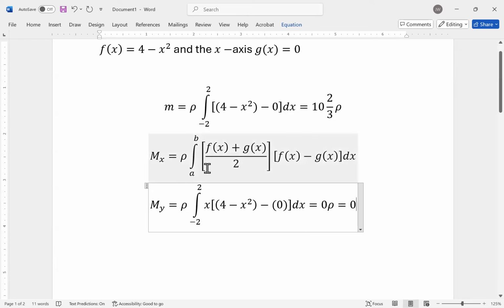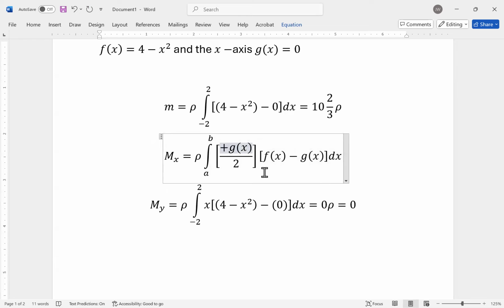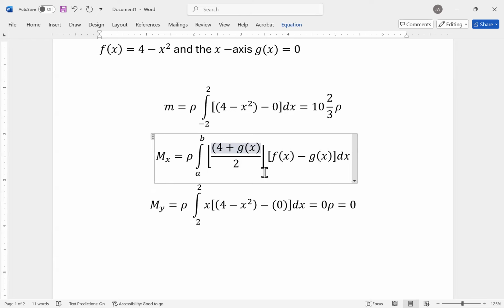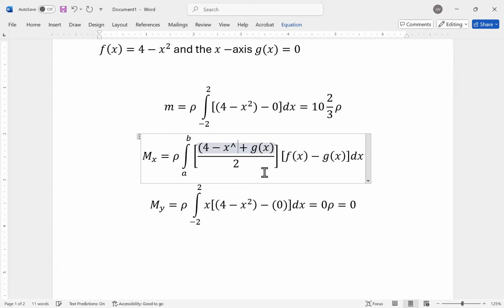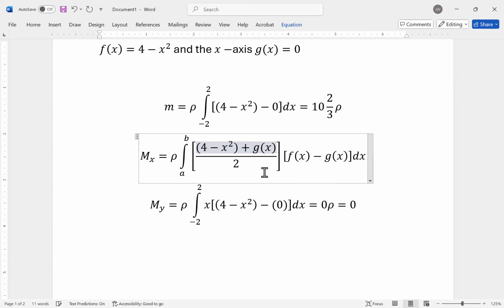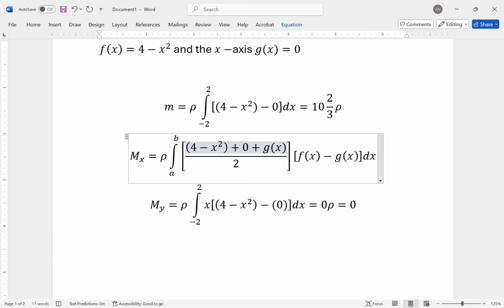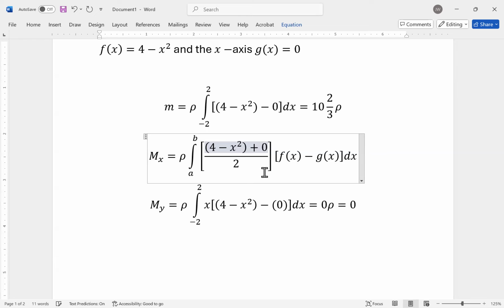Now for my moment about the x-axis, what I would do is take an average. So I take 4 minus x squared plus 0. Be careful about adding or subtracting there, because a lot of people will put subtract and then subtract again, or a plus and then a plus again. Here, we're adding the two functions and then dividing by 2.